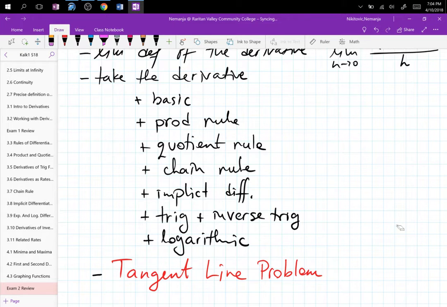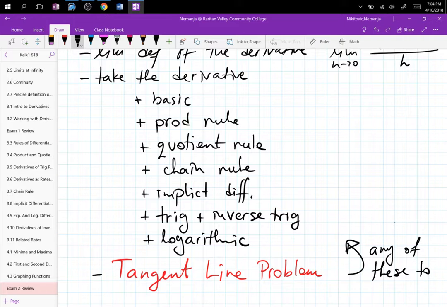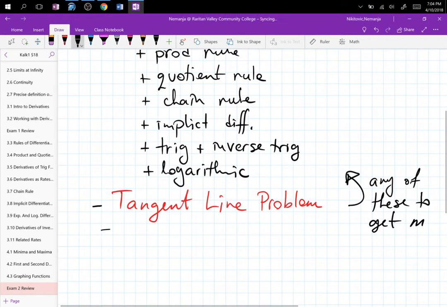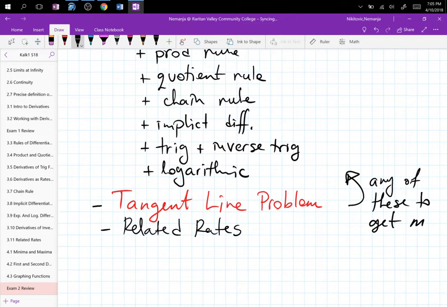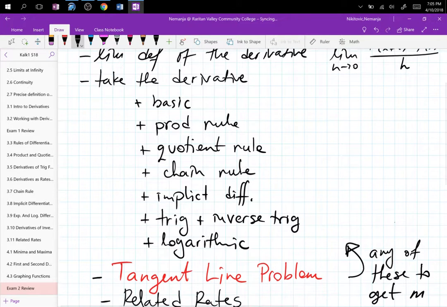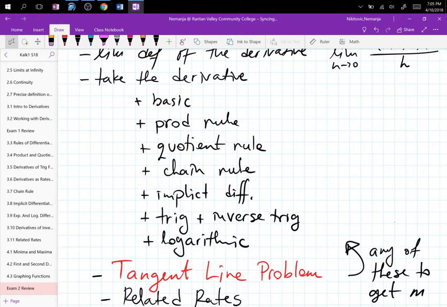So for tangent line, any of these to get m slope. And we only have one more, which is related rates, which is the word problem. And that's it. 4 bullet points. I understand it's 11 sections, but it's 4 bullet points for the entire chapter 3.